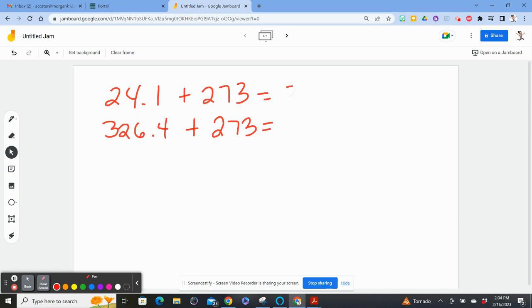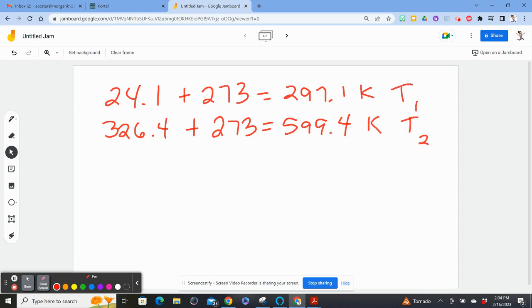That gives me 297.1, and then 326.4 plus 273 is 599.4. Those are my Kelvin temperatures. This is T1, this is T2.